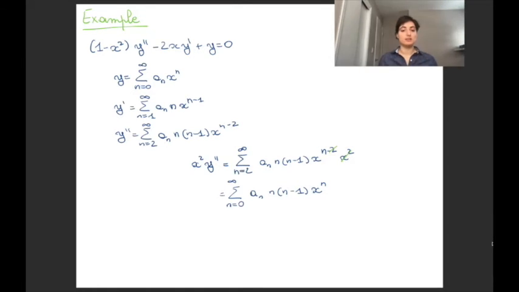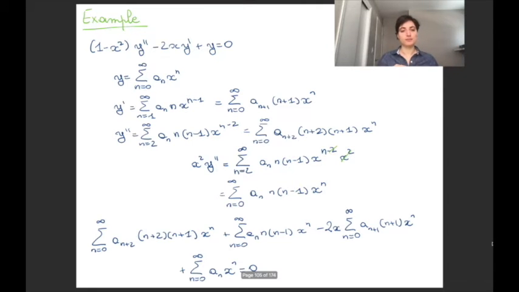So we can start this infinite sum at n equal to 0 with no problem, because the first two coefficients are just trivially 0. In the same way we can do it for y', we can either shift the coefficients or just notice that if you consider n equal to 0, the first term is equal to 0. But we don't want to do that, because we want, remember, the power of x and the index to be the same thing.